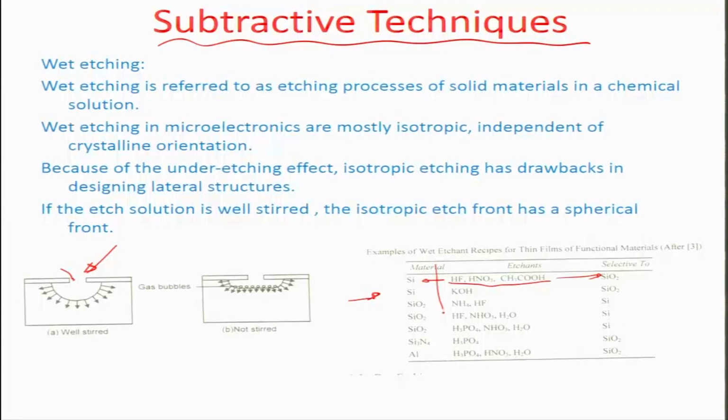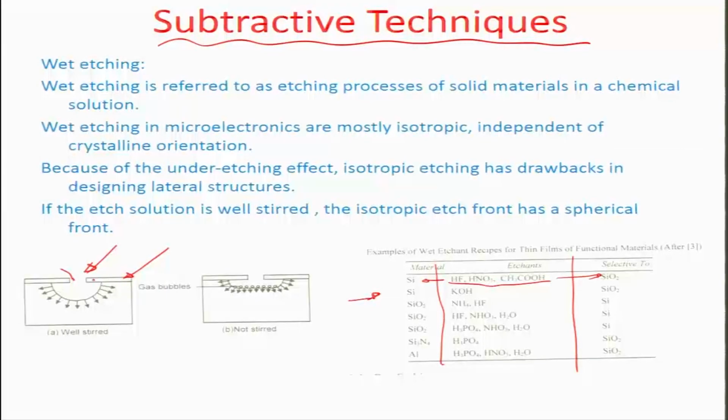Similarly, in all these different materials, you can have a common material and a selective material. The advantage is that whenever there is a selective material, you can use it to block the etching process from carrying forward any more, and that creates a very big advantage in terms of microstructuring. Let us look at this particular example here, where this material is an etch selective layer to the particular chemical that is being used.